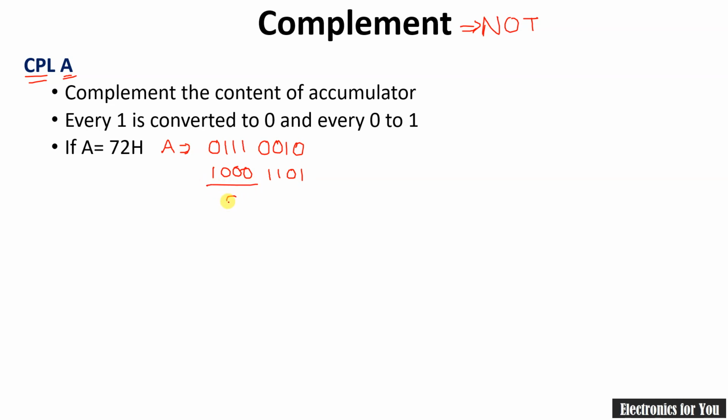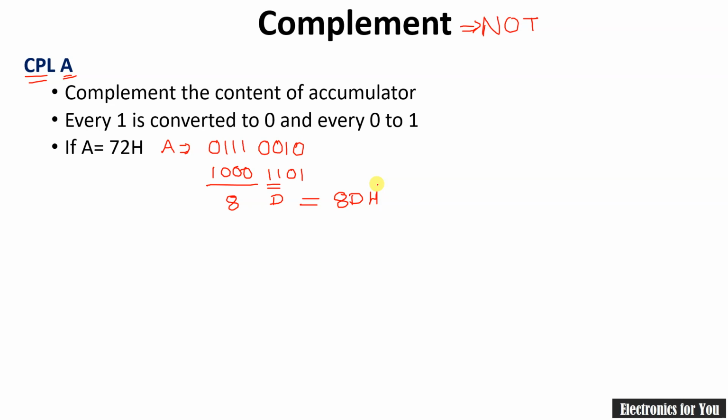Here 1000 is 8, and 1101 is 8 plus 4 plus 1, which is 13, and 13 is indicated by D. So overall after this instruction the accumulator will contain 8DH in hexadecimal. So this is the complement operation, CPL.